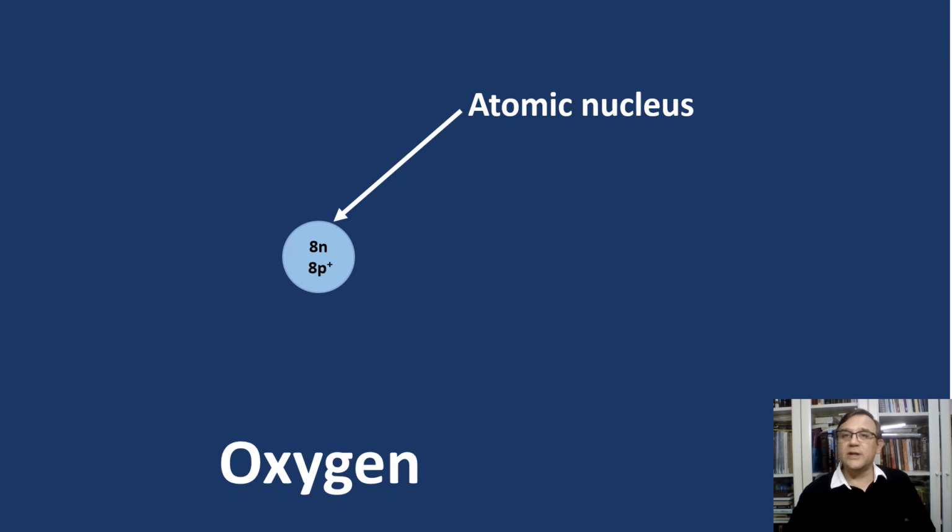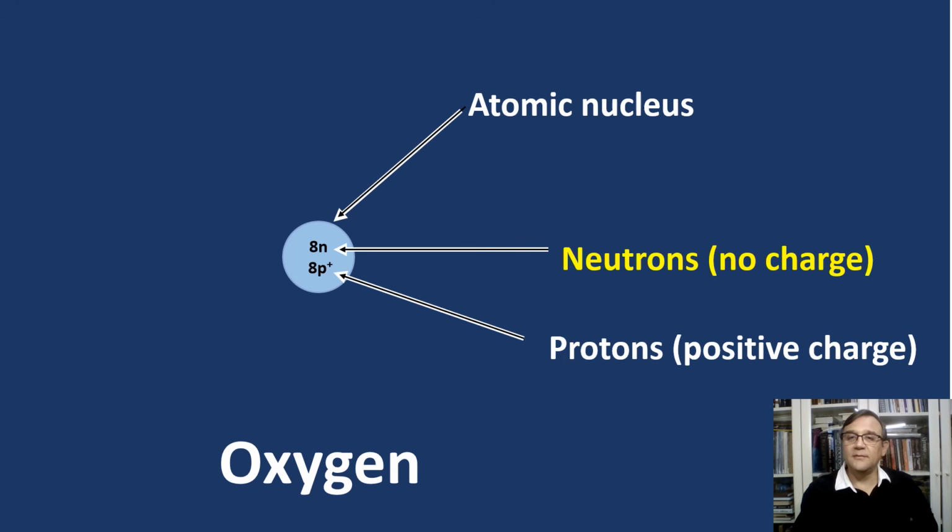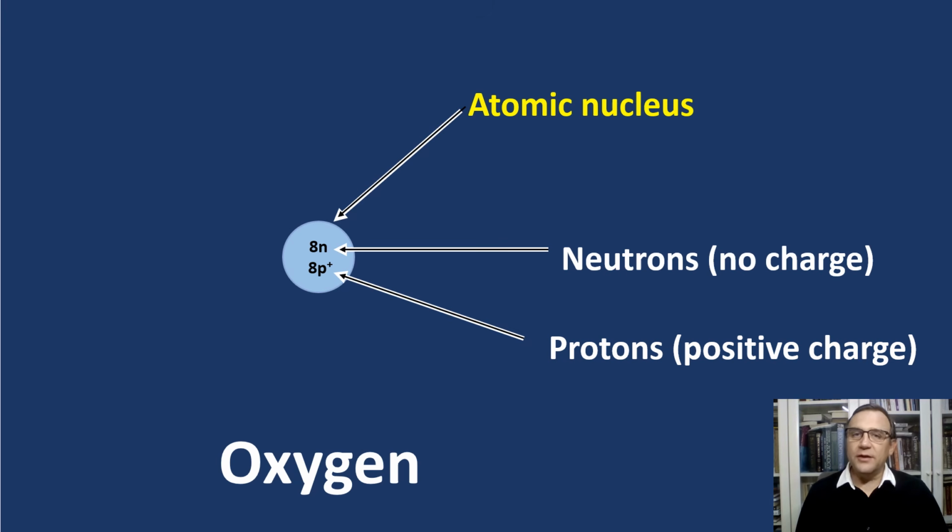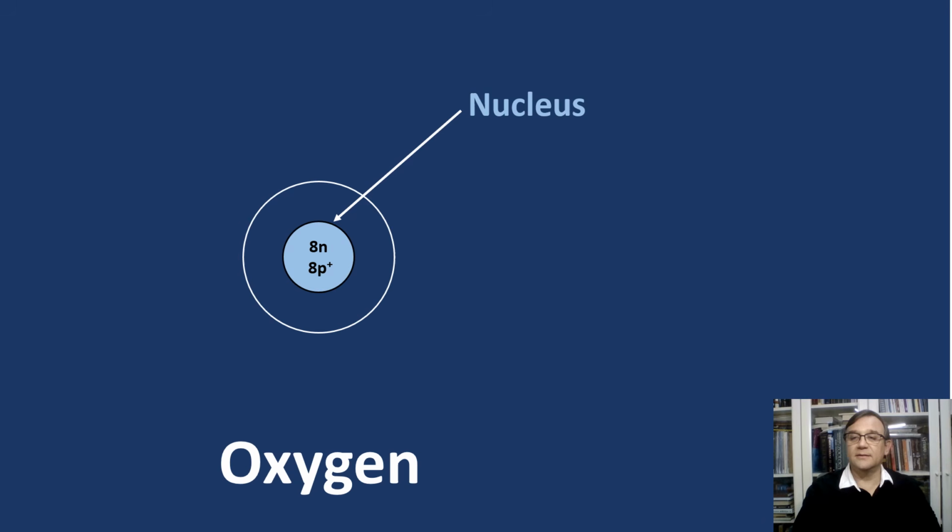This nucleus is made up of 2 types of subatomic particles: neutrons and protons. Neutrons are neutral, as their name suggests, and protons are positively charged. This small dense cluster of neutrons and protons is called the atomic nucleus.